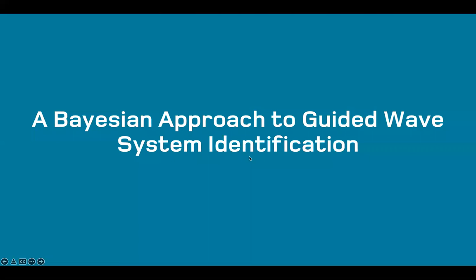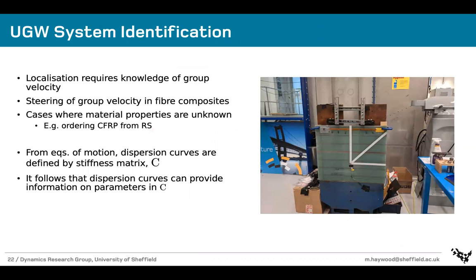All right, and the second tool is a Bayesian approach to system identification using guided waves. The motivation behind it was that in order to do the localization, we need knowledge of the group velocity, especially in fiber composites, because you have different group velocities at different angles.